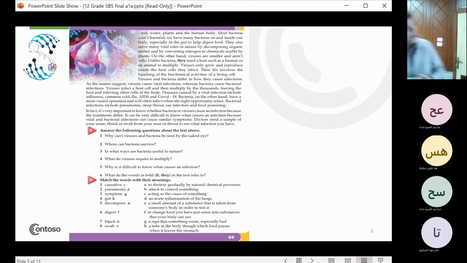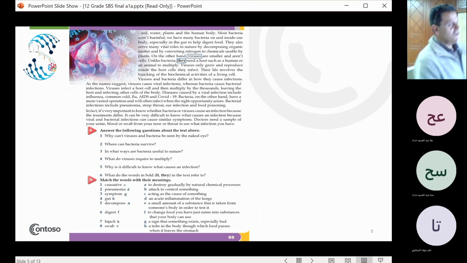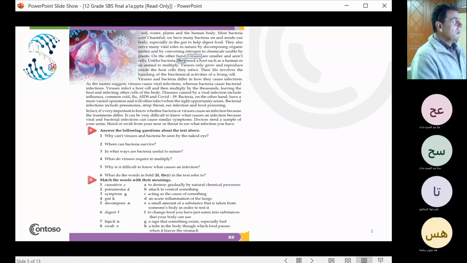As you can see here, we have a word written in bold. What does they refer to? Who can guess? Viruses. They need a host, as we have said, such as a human or an animal to multiply.